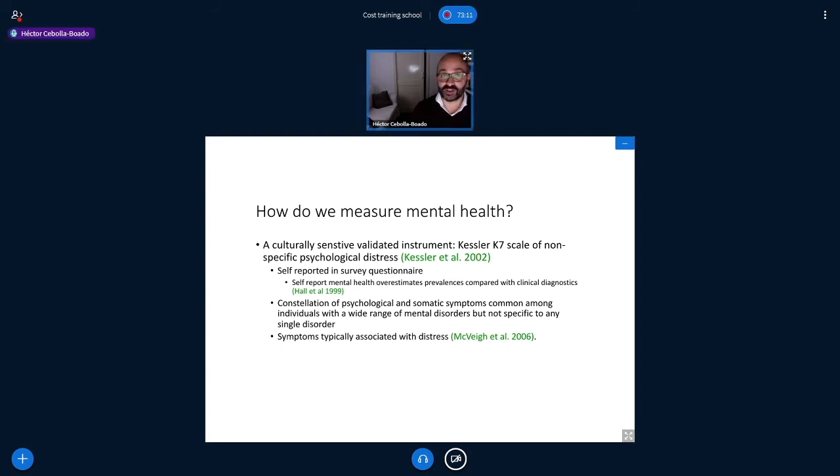So Kessler 7 is one of these scales. It's a battery of 7 questions. There are other batteries, also by Kessler, like Kessler 21, which is more detailed. K7 is enough, I think, for the kind of survey tools we may need in our analysis. It's a self-reported collection of data by individuals.